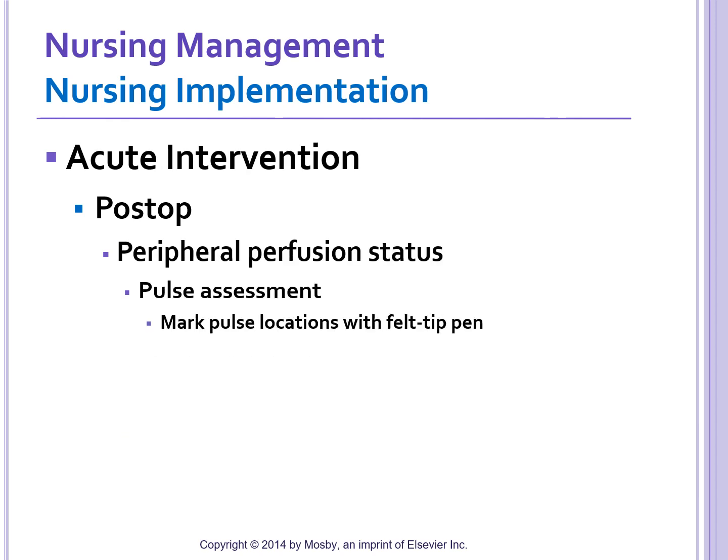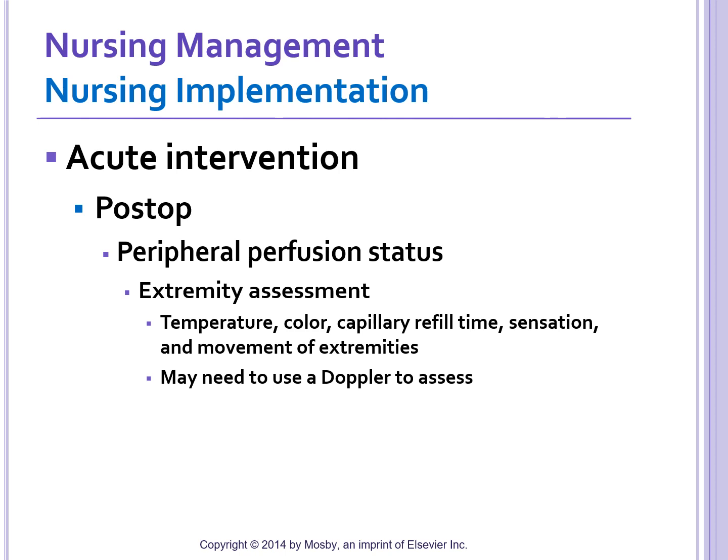Peripheral pulses should be assessed at least every hour for the first few hours, and then every 4 hours after that. So that's another reason why patients are admitted to the critical care unit, because of the frequent assessments these patients require. Along with our pedal pulses, or most distal pulses, we also want to look at our other CMSTs: temperature, color, cap refill, all of those things.